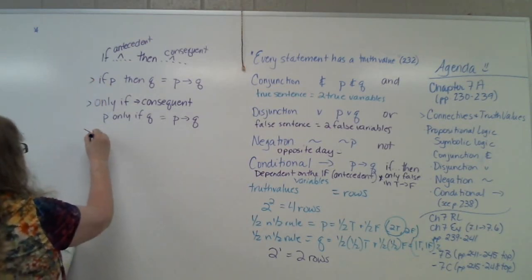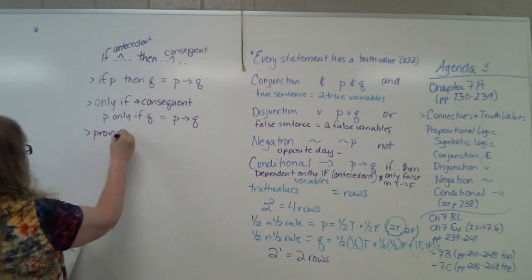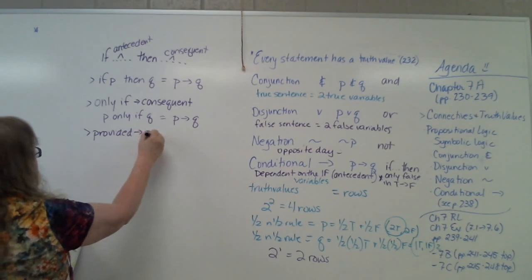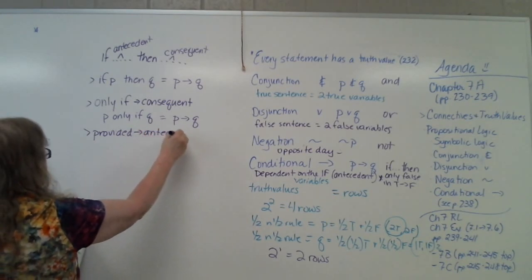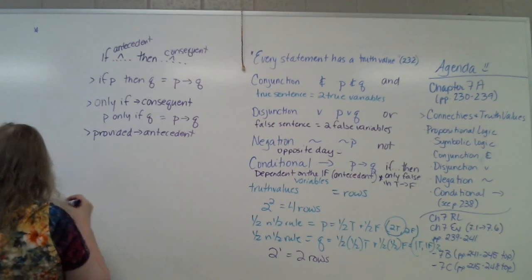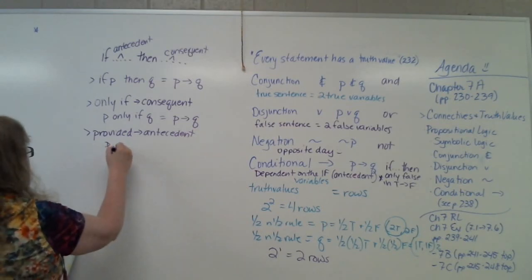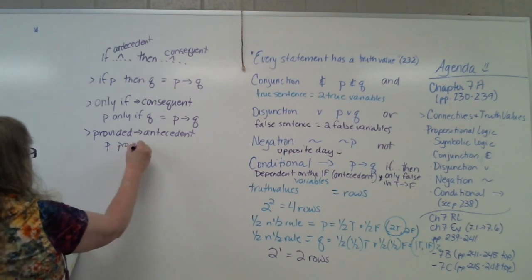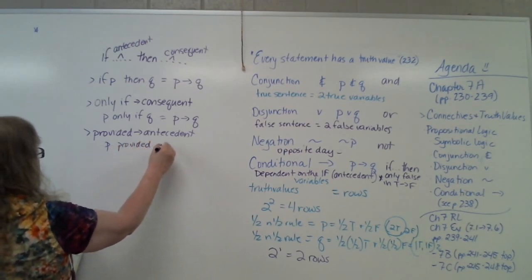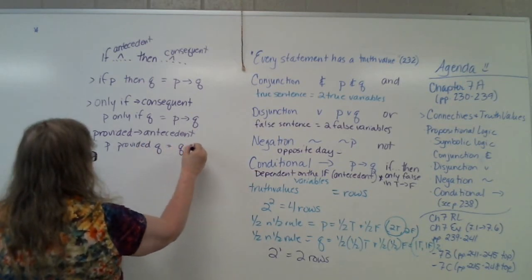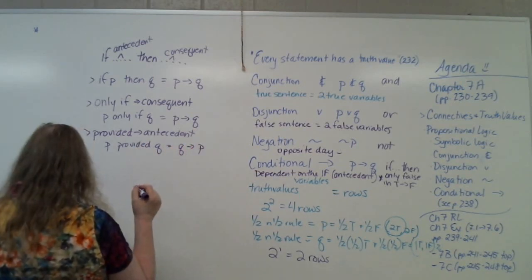Okay? Provided, or provided that, introduces the antecedent. Okay? So if you have something that says P provided that, or provided Q, it's actually going to look like this. Q, then P. Okay?